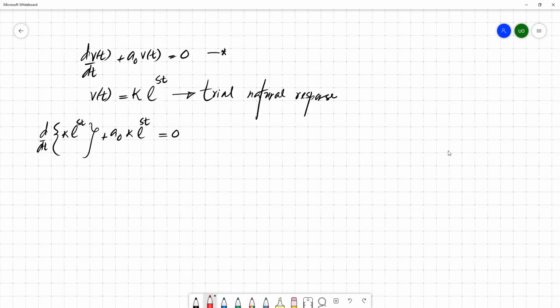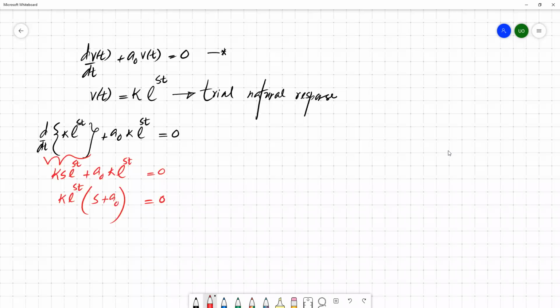So then this becomes like this. Here we have k s e^(st) plus a0 k e^(st) equals 0. From this, you can take the common term out. We know that if this k e^(st) is 0, then you don't have any response.